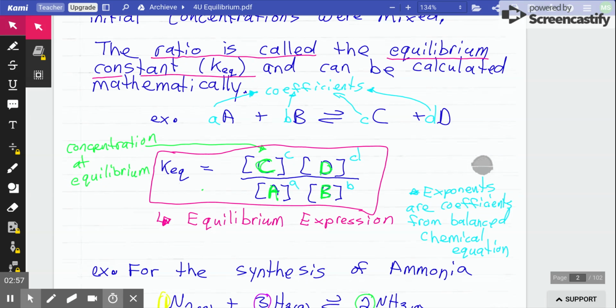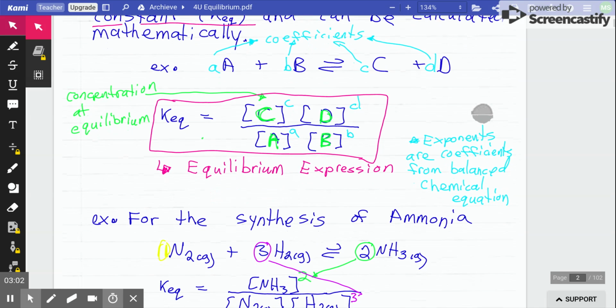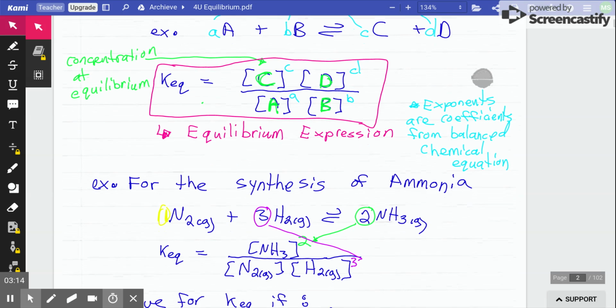So we're just going to look at getting the equilibrium expression for the synthesis of ammonia. In this reaction, we have nitrogen gas plus hydrogen gas in an equilibrium with NH3. So therefore, we write our equilibrium expression.